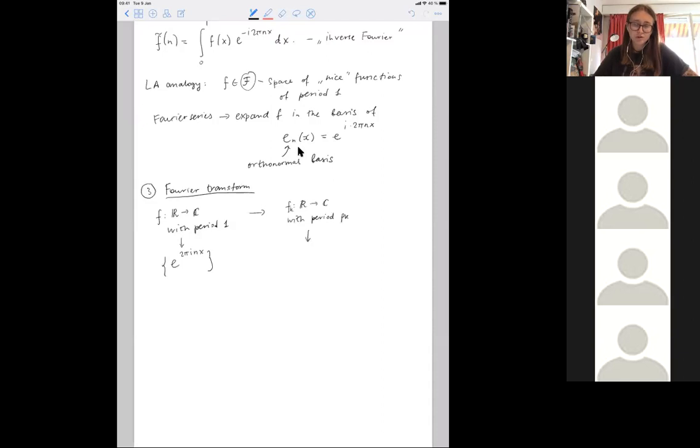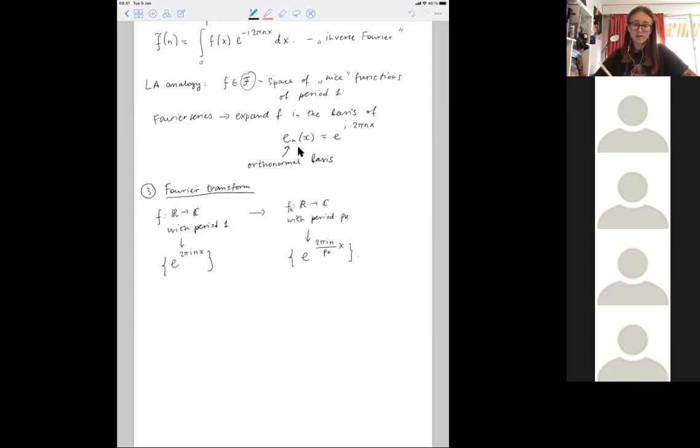For that, you just need to scale it with the factor p_k. And then if you scale it in that way, you can also write it as a Fourier series in the following basis: e to the power 2 pi i n over p_k x. So this is just like we scaled it so it would have period 1.